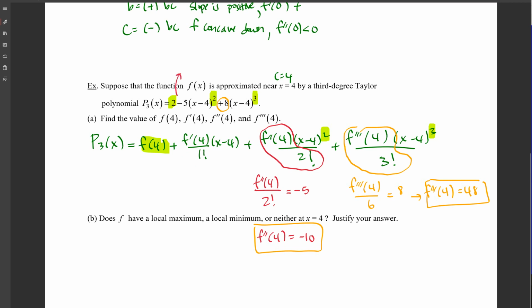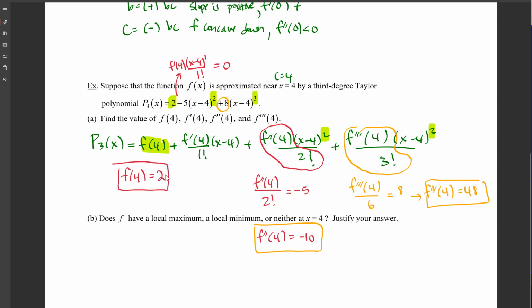The term that's missing here is x minus 4 raised to the 1 over 1 factorial, f prime at 4. This is equal to 0. There's a missing term here. So that means that this 2 is not associated with this x minus 4 term, but this 2 is actually associated with this constant out here. So what I know is f at 4 is equal to 2.